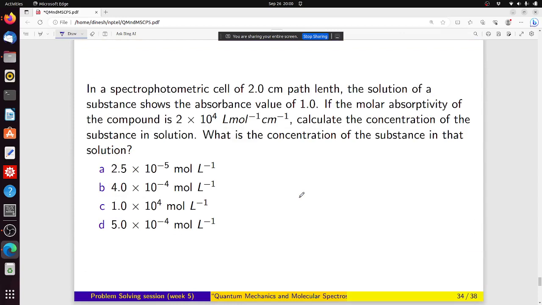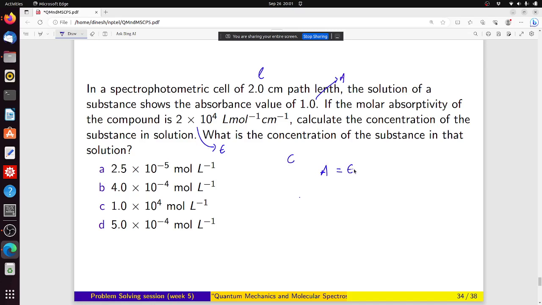Okay, moving on to the next question. In a spectrometric cell of 2 centimeter path length L, the solution of the substance shows an absorbance value A1. If the molar absorptivity of the compound epsilon is given, calculate the concentration of the substance in the solution. So you have to calculate C. It's a direct formula.